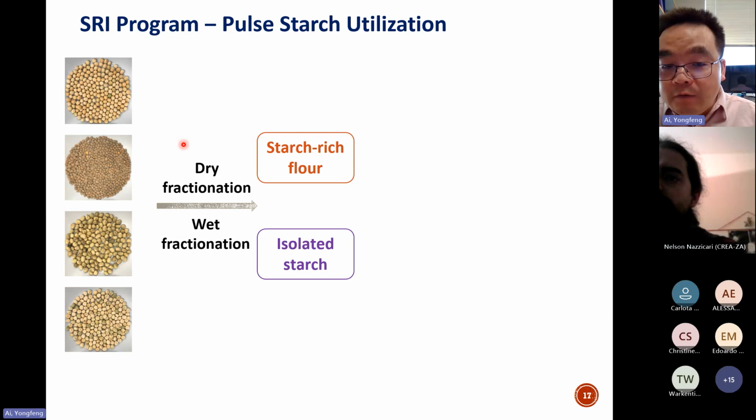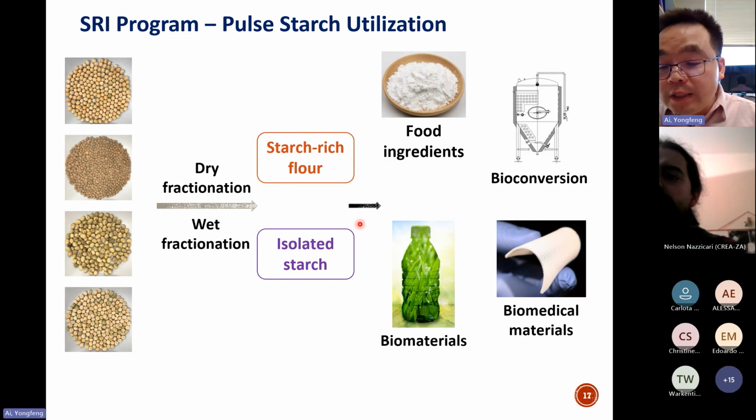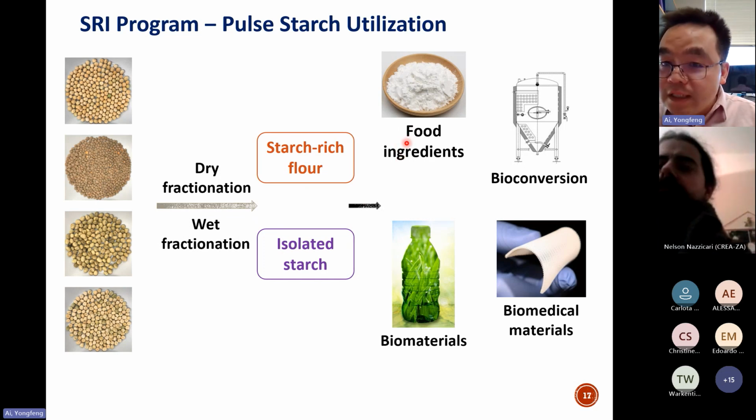After the fractionation, we have the starch-rich flour and also the isolated starch. We try to use these ingredients to develop novel food ingredients, for example resistant starch, resistant maltodextrin, dietary fiber, and pre-gelatinized starch.